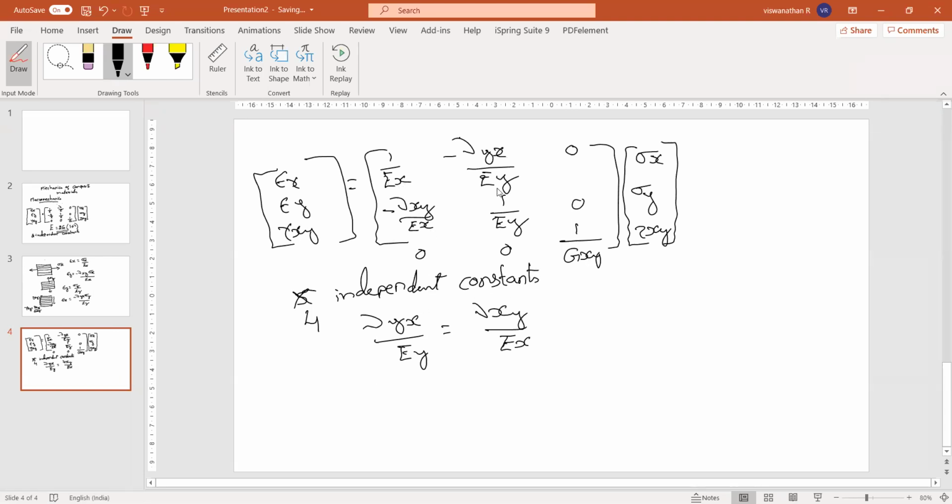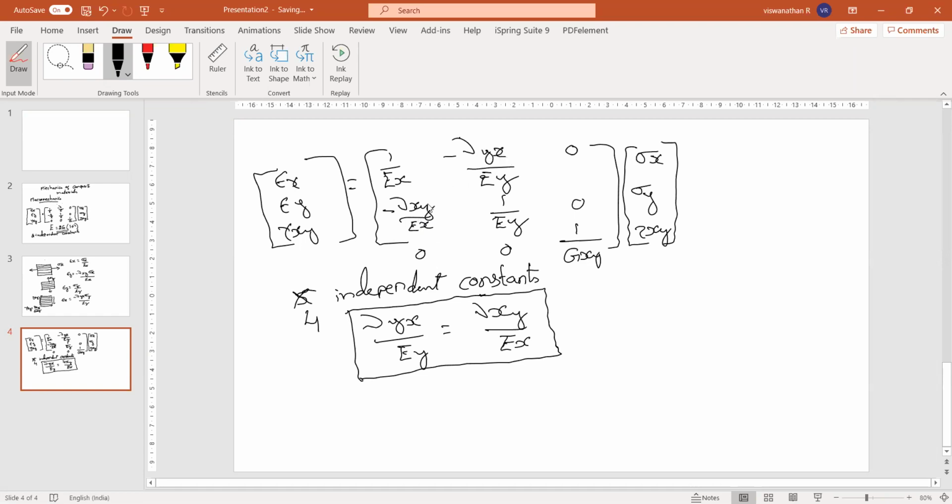These are Ex, Ey, Gxy, and then either nu yx or nu xy must be known. So you should know either the major Poisson's ratio or the minor Poisson's ratio. If you know one of these and you know Ex and Ey, you can find the other one. Note this down, but we'll do the derivation later.